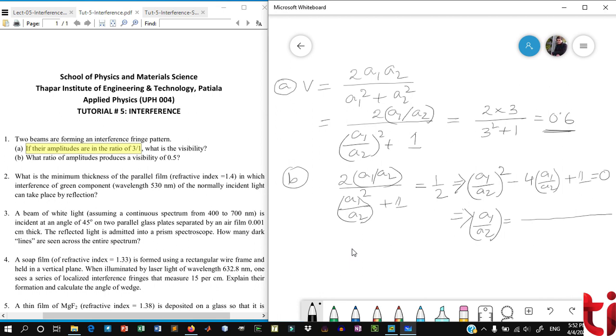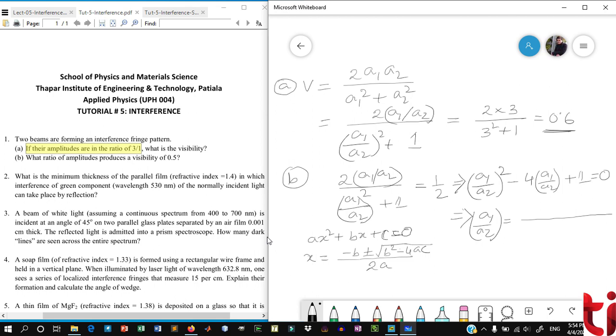For a given quadratic equation like ax squared plus bx plus c is equal to 0, the solution is x is equal to minus b plus minus square root of b squared minus 4ac, by 2a. We use this expression here.